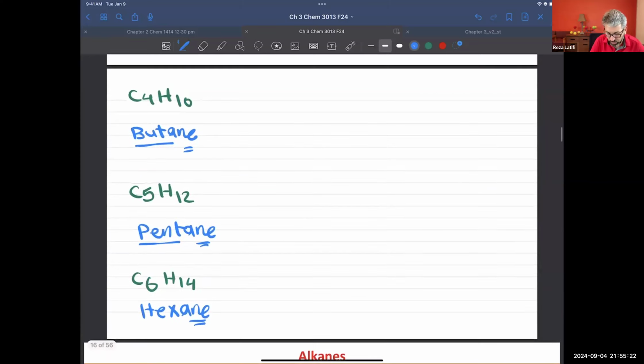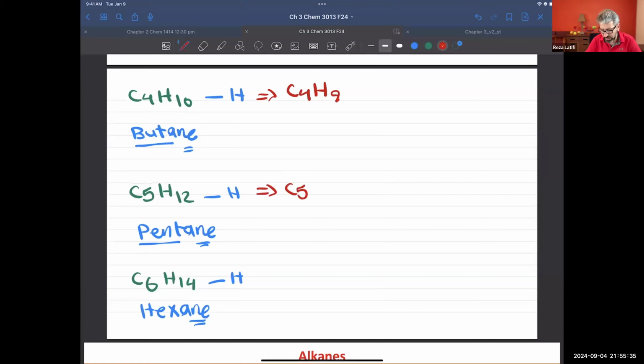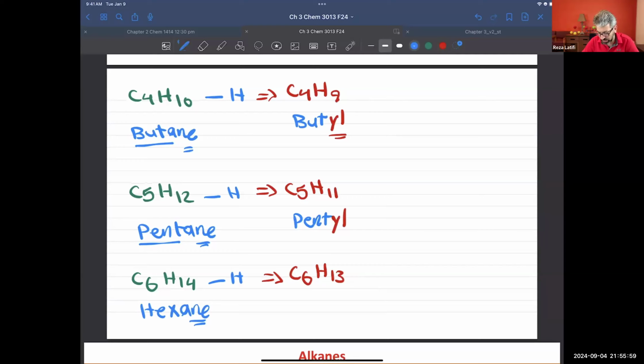If I subtract 1 hydrogen from each, what do I get? I get C4H9, C5H11, and C6H13. What's the name for those? They are alkyl: butyl, which you want to say is attached to something, pentyl, and the last one, hexyl.